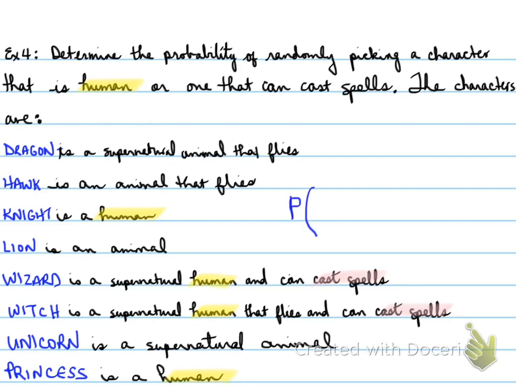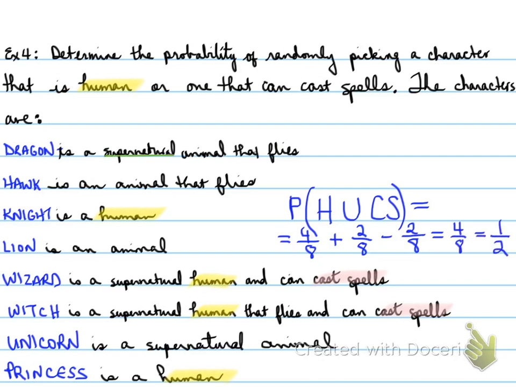So the probability of human or cast spells is equal to 4 human out of a total of 8, plus 2 that can cast spells out of 8, minus 2 out of 8, because that's doubled. Remember, we counted these twice. So 4 out of 8 plus 2 out of 8 minus 2 out of 8 gives us 4 out of 8. So you have a half a possibility of choosing either a human or one that can cast spells. You have a 50-50 chance.